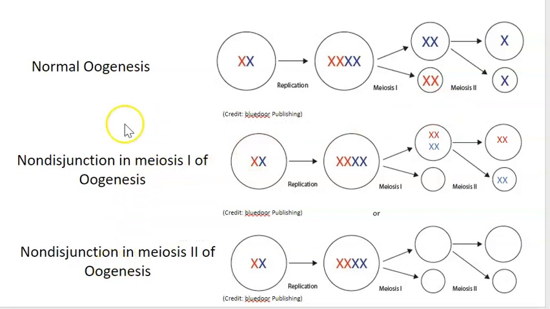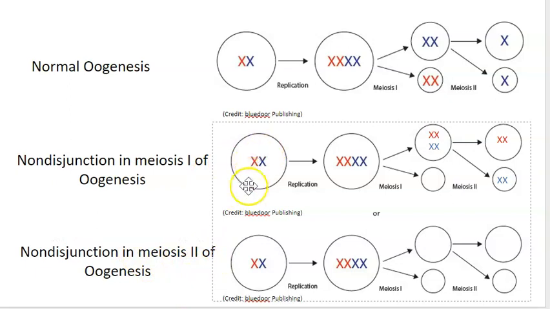What we want students to do is go through and fill in the circles for what you expect to happen if non-disjunction happens in meiosis 1 of oogenesis, or if non-disjunction happens in meiosis 2 of oogenesis. So what does that mean? In your book, you can see that there's an X and an X drawn for you.